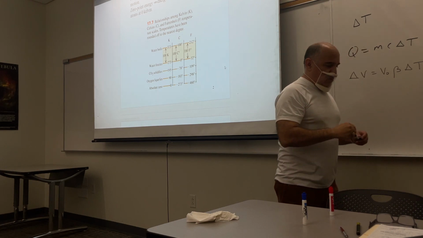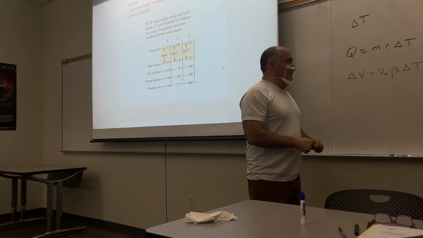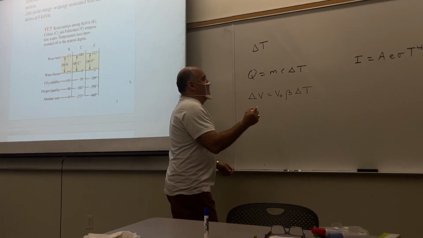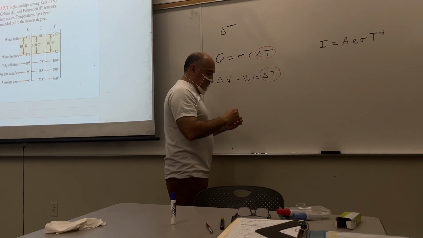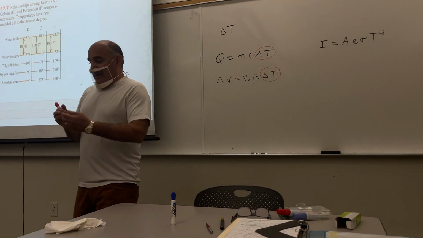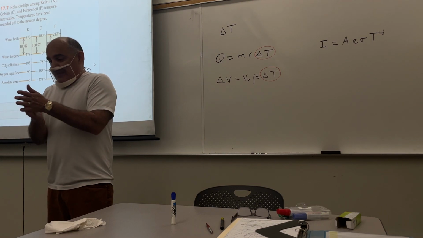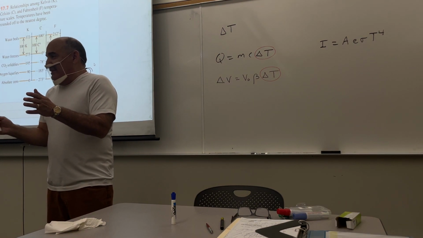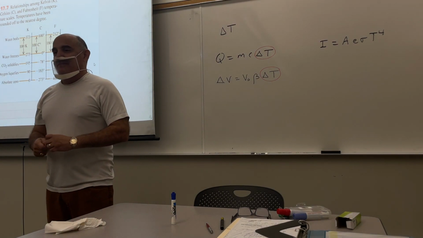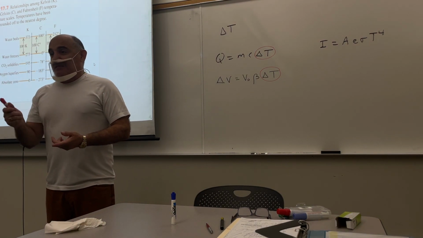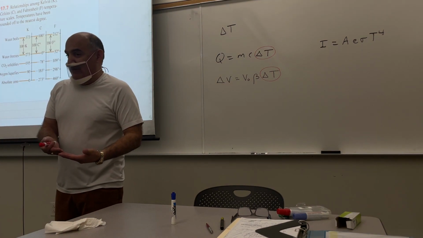Whatever these quantities mean, that's not the point right now. The point is that if all I need in a formula is a change in temperature, the difference between the final temperature and the initial temperature, for example, that change is the same if I use the Celsius scale or the Kelvin scale. This is why you don't always have to convert from Celsius to Kelvin.